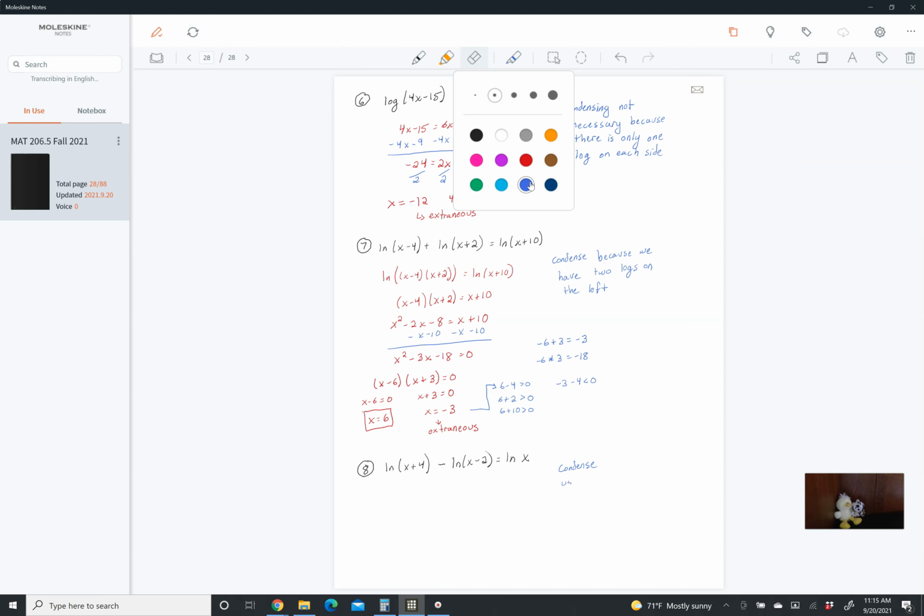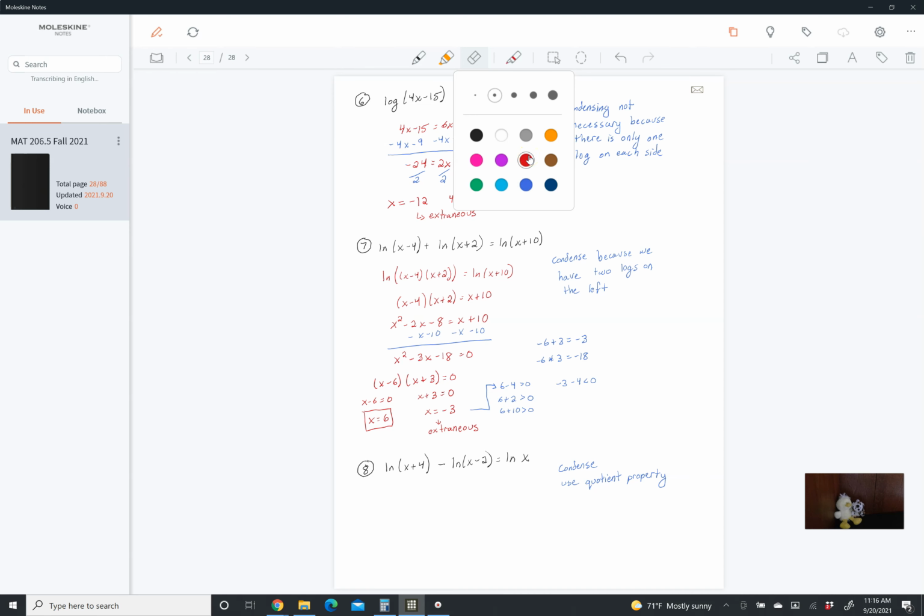And here we're going to use the quotient property. This is the one that says if you're subtracting, then you can condense it to one log, and it would be division.